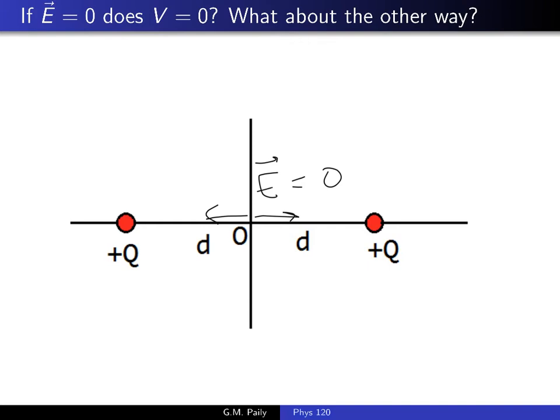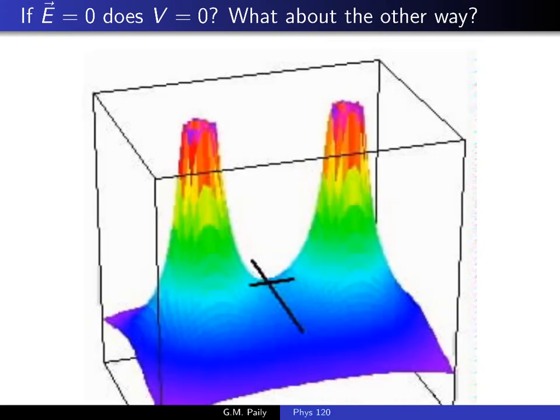They are not the strongest, however, because you can get higher potentials simply by moving closer to one of the charges. We see that in this diagram. Near the two point charges, the potential goes extremely high, but in between we can see that the potential is quite high and non-zero here, but the slope is 0, just like the electric field is 0.